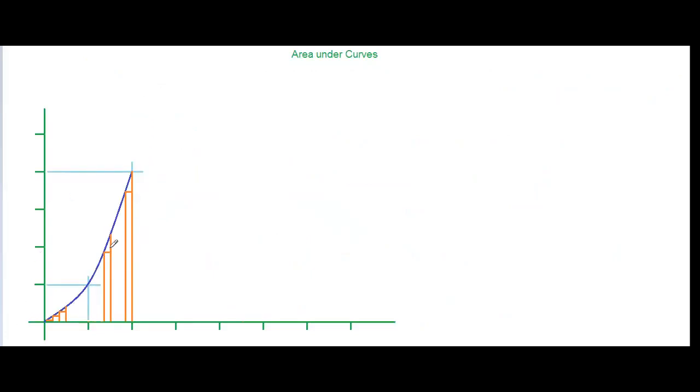This is the curve, blue color curve, y is equal to x square. This is x axis. This is y axis. The values of x are taken here 1, 2, 3 like this. The values of y are taken here 1, 2, 3, 4, 5 this way.